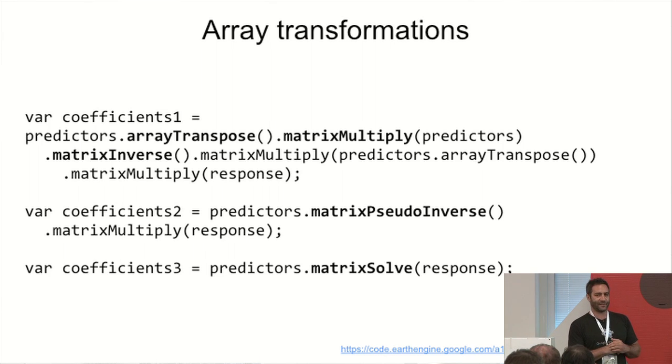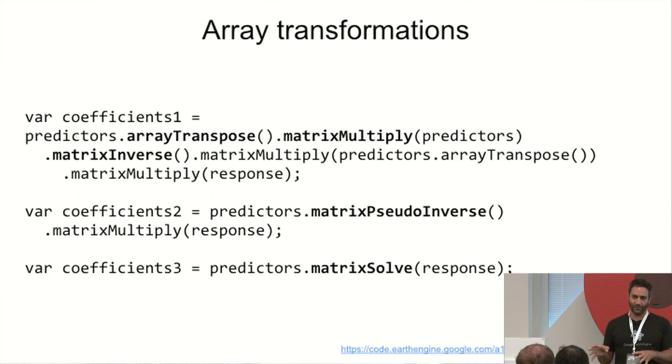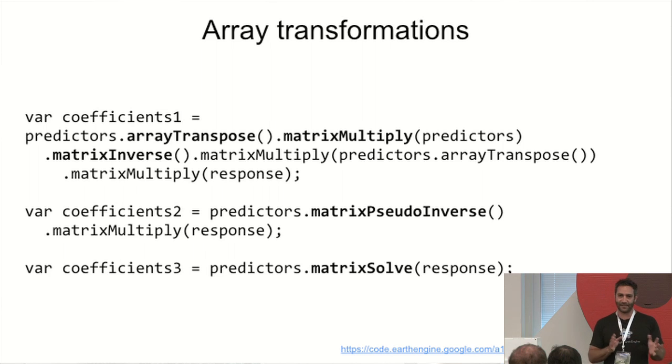Matrix solve has some optimizations in it such that different solvers will be used if the matrix is nearly singular or overdetermined or so forth. It's smart enough to recognize that and apply a different, more optimal solver. But if you want to do it the long way, this is how you do it.